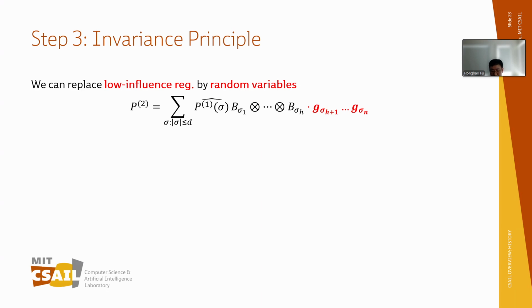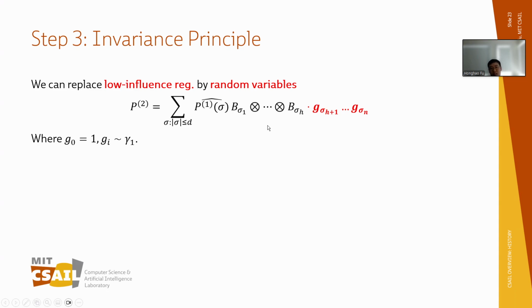If you look at the central limit theorem, it says x1 plus all the way to xn divided by square root n is like a Gaussian. And that works because the influence of each xi is only 1 over n, which is small. So you can do the replacement. Here, like I mentioned, all the gi are going to be Gaussian.